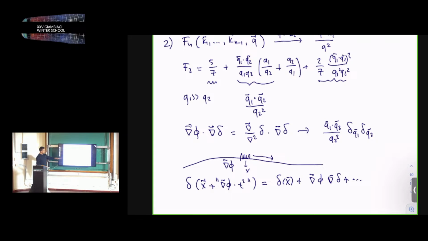Yes, that delta is a local overdensity, a density contrast perturbation, and phi is the associated gravitational potential through the usual Poisson equation. So this is what it is.